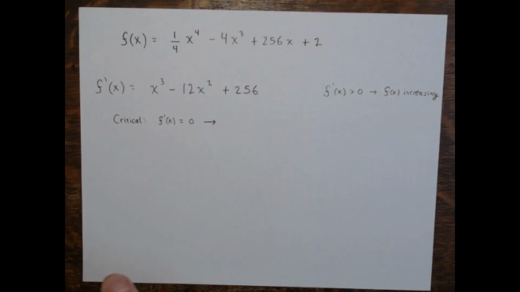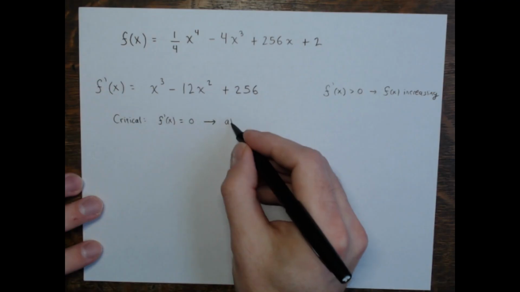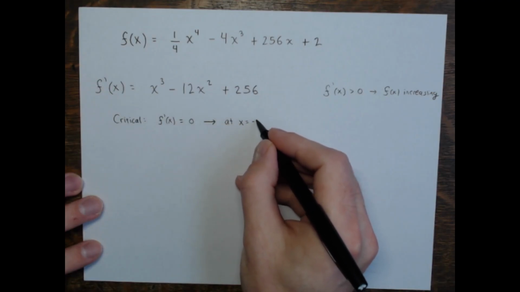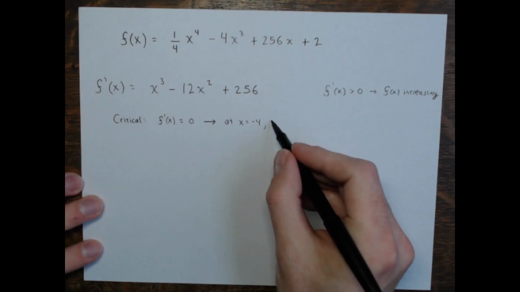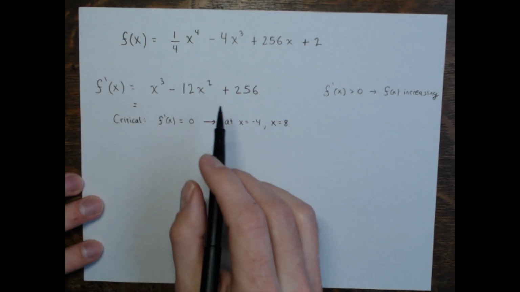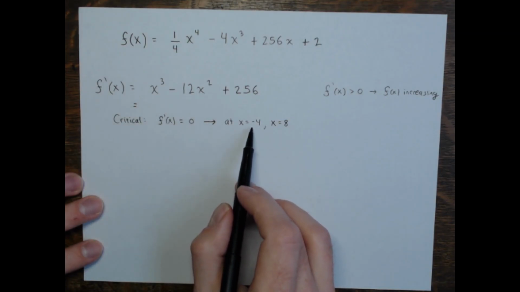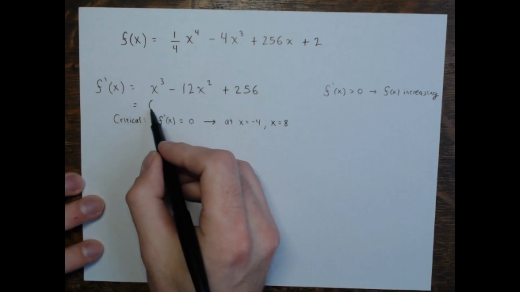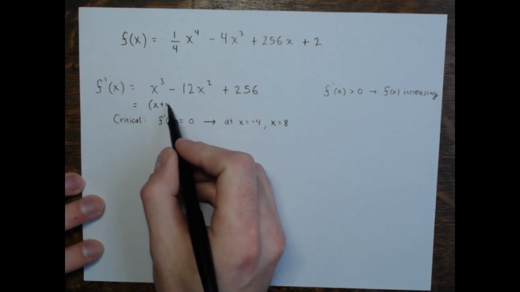Right, so I'm going to indicate that stuff here, right? This happens at x equals negative 4 and at x equals positive 8. And if you were to factor this, again, you would do synthetic division or polynomial division, and say, hey, negative 4 is a 0, so x plus 4 would be a factor of this.